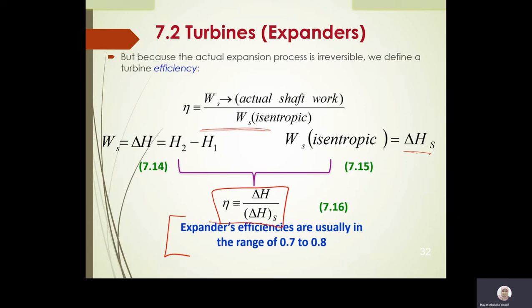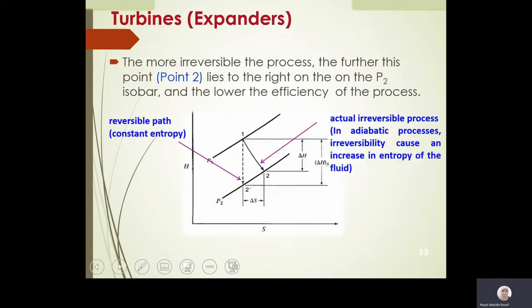Now, I want to show you the HS diagram for that. I want to clarify how I got delta H less than delta HS according to the HS diagram. If you consider what's happening with the turbine on the HS diagram, there is a directly proportional relationship between H and S at different pressures. Consider state number 1, which is point 1 over there.